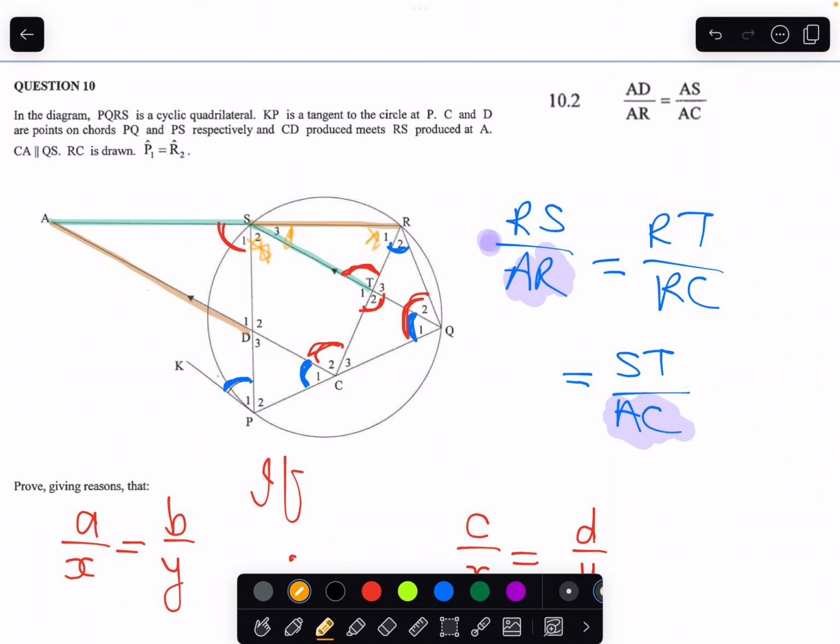So these two are equal. And then that must mean that this is equal to this one, right? And that must mean that this angle is equal to this one. Ooh, guys.